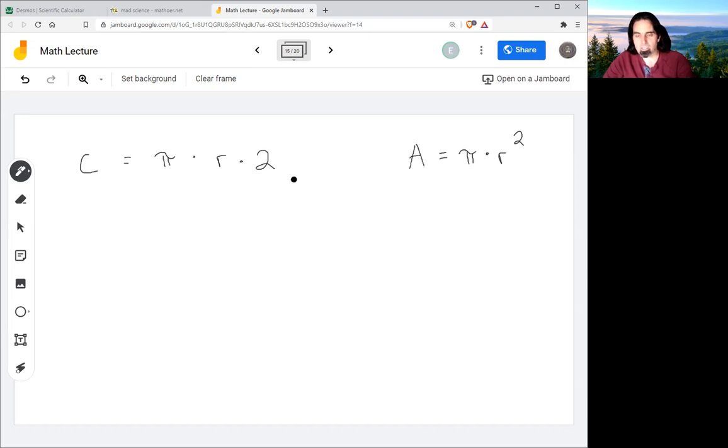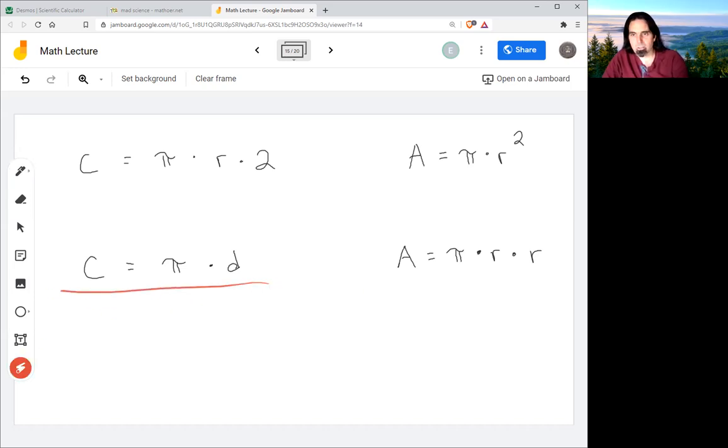If you want to use these that are on the board right now, you can. They are true, that's fine. But I'm going to write this one whenever I use it as pi times diameter, and this one as pi times radius. And that's not because there's anything better about the bottom versions. It's just because now they look nothing like each other.